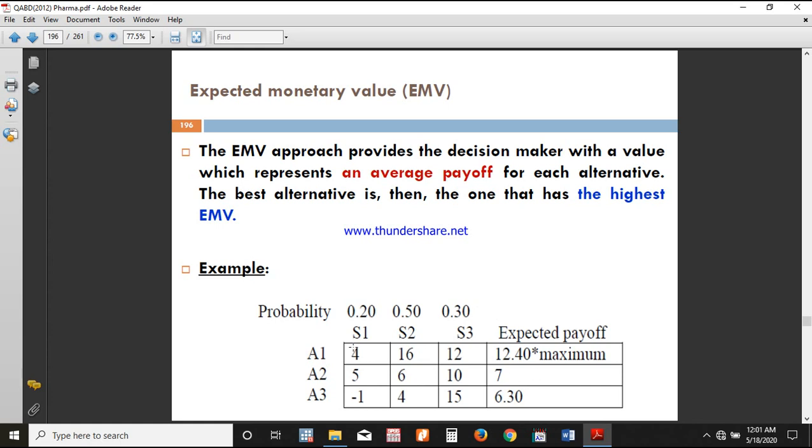You can find the expected payoff by multiplying this probability with the first row values: 0.20 times 4 plus 0.50 times 16 plus 0.3 times 12, which will become 12.40.